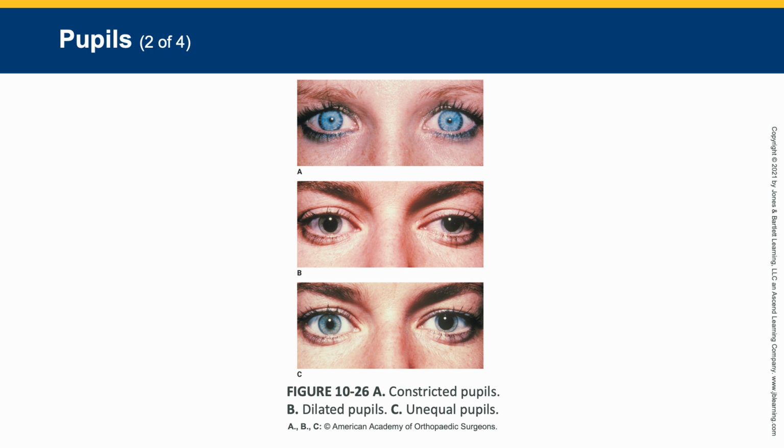So if the patient is alert and oriented with no neurological complaints, and they confirm that this is normal for them, it may not be a clinically significant sign. However, if anisocoria is new or accompanied by altered mental status, you have to assume it's pathological until proven otherwise. So you want to document all pupil assessments carefully, especially if you're seeing signs of deterioration or asymmetry.